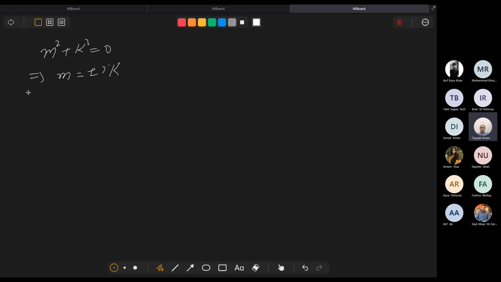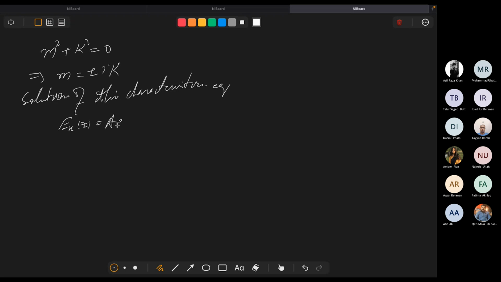So इसका solution जो होगा इस equation का, characteristic equation का, that would be like this. ठीक है, ये इसका solution है.